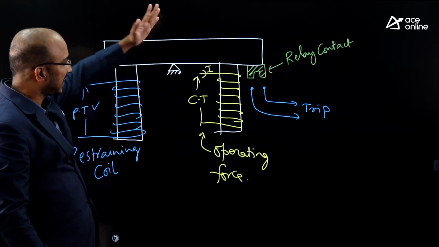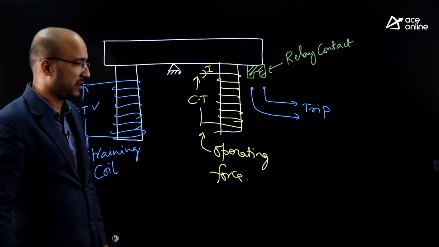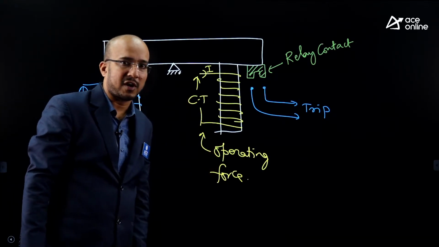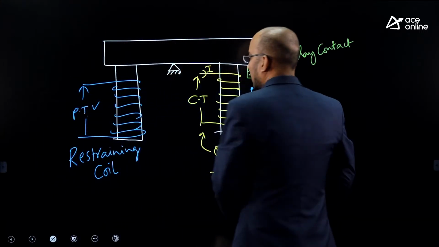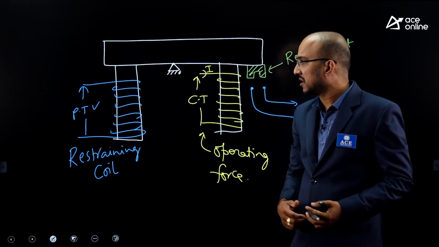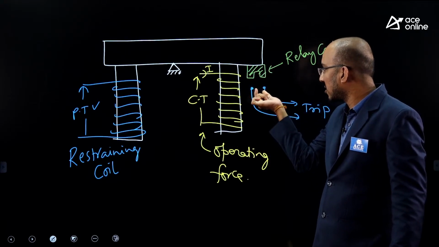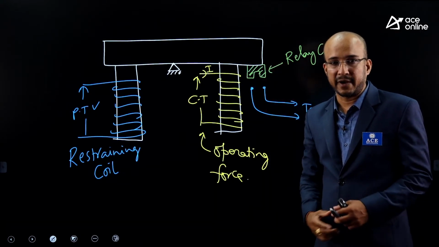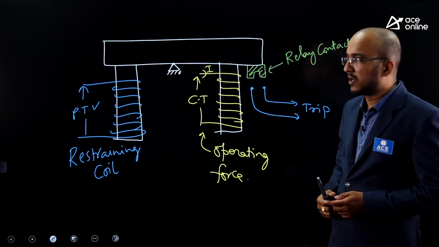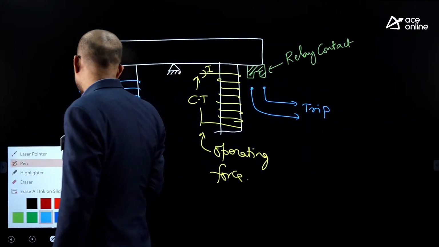During normal condition this balance will be in this position, but when a short circuit fault takes place, current magnitude increases, voltage magnitude decreases. Then the force on this side will be increased. So this relay contact will close the trip circuit and the relay will operate for short circuit fault. This is how a balanced beam type structure can be used.